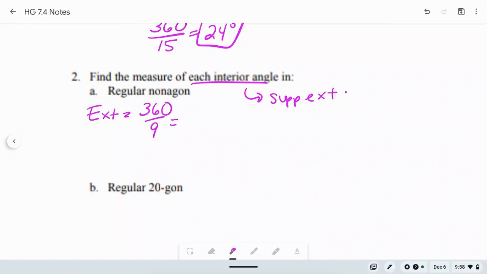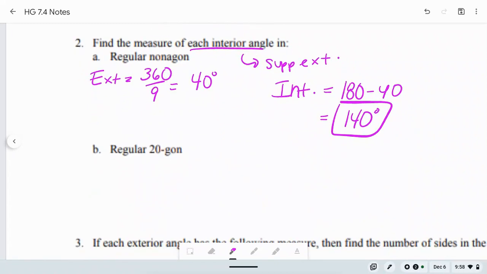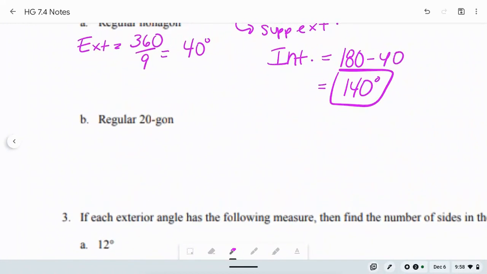So each exterior angle is going to be 40 degrees. And then to find each interior angle, I'm just going to take 180 and subtract 40 from it. So each interior angle in a nonagon is going to equal 140 degrees. So it's just one extra step if it asks you to find each interior angle.